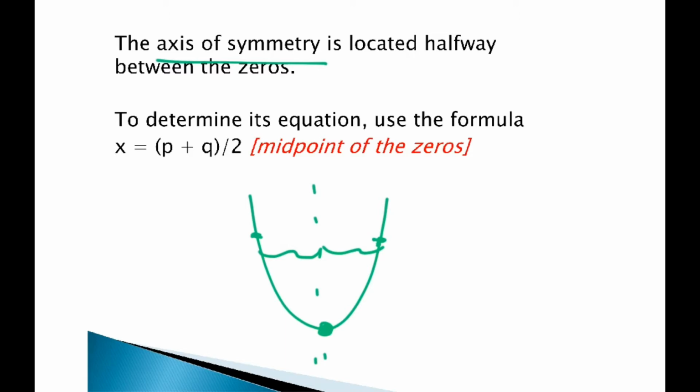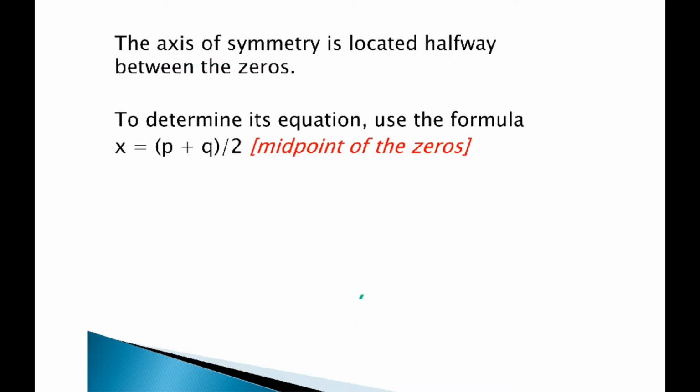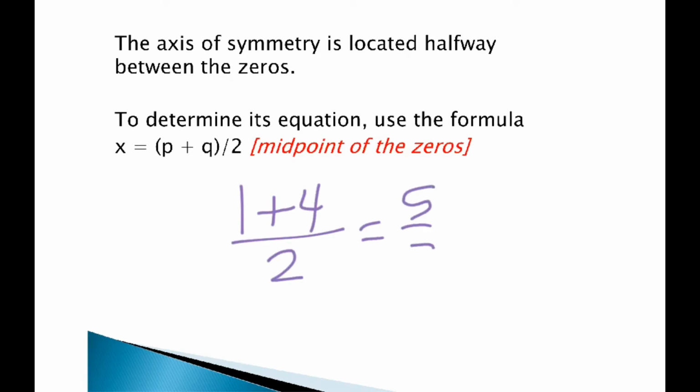If we wanted to know where the axis of symmetry is, or in other words where the x-coordinate for our vertex is, we can just find the average, or the midpoint, of our two zeros. Since I know my zeros are 1 and 4, I could say 1 plus 4 divided by 2 is equal to 5 halves, or equal to 2.5.